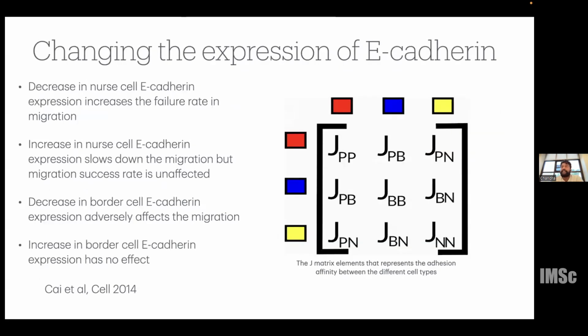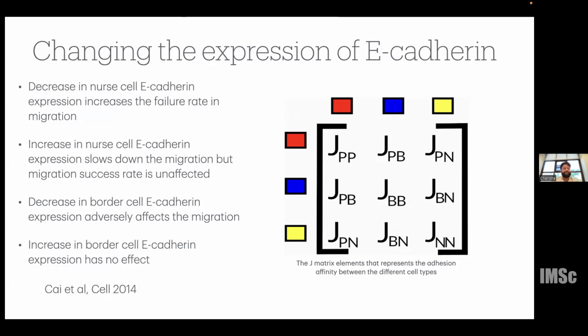You can change the E-cadherin levels in these three cell types. I don't think anyone bothered to do it in polar cells, because polar cells are always enclosed and almost passive, carried by the border cells.